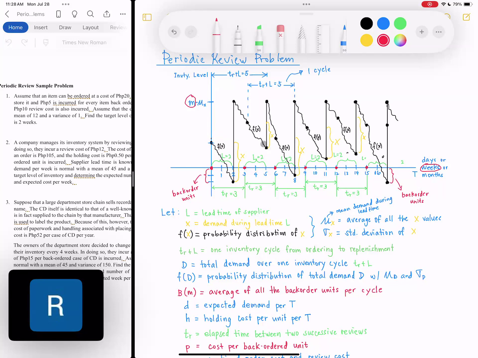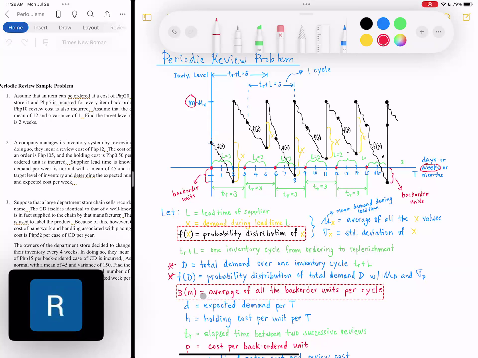So if this is normal, then the total demand from week 3 to week 8, if we continue this, will also be normal. Later on, I will explain further how this is applied in a problem. What we will be interested in, in solving periodic review problems, is f of D, the total demand over one cycle.